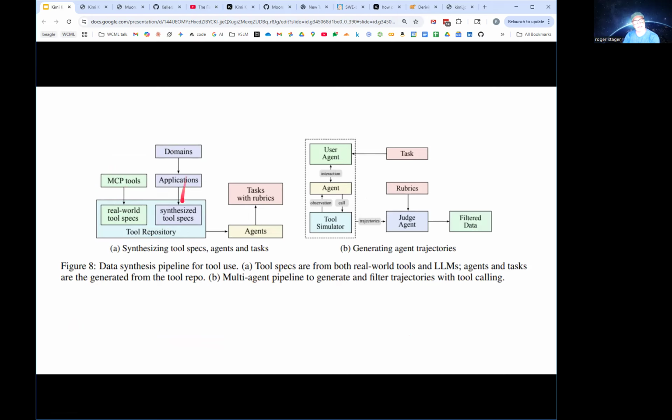And then this is the synthesized tool spec. So they dreamed up a bunch of tools. And I think it was a large language model, I'm guessing Kimi 1.5, that they used to generate these tools. And then they had generated agents from all those descriptions. The rubrics were apparently an important part, so look that up.